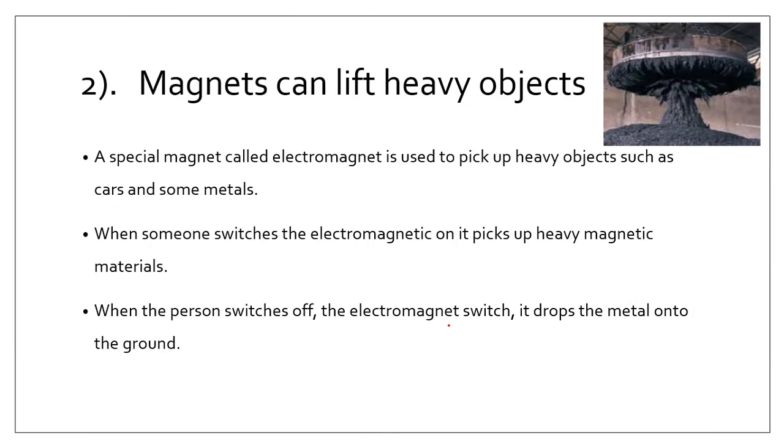Point number 3 is magnets can lift heavy objects. A special magnet called an electromagnet is used to pick up heavy objects. These heavy objects are, for example, cars and some heavy metals.